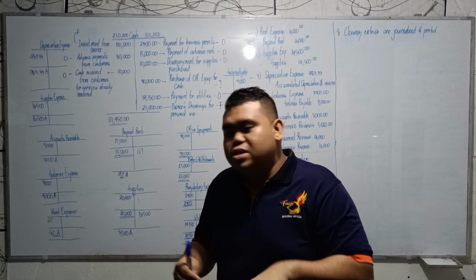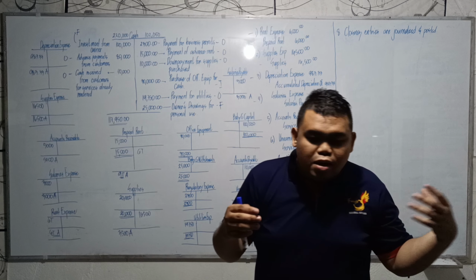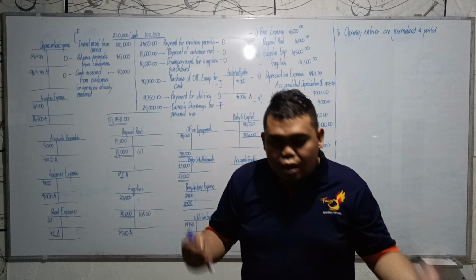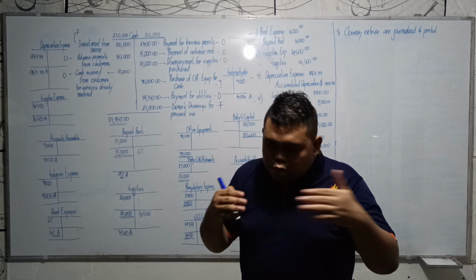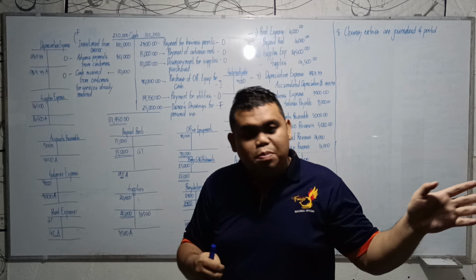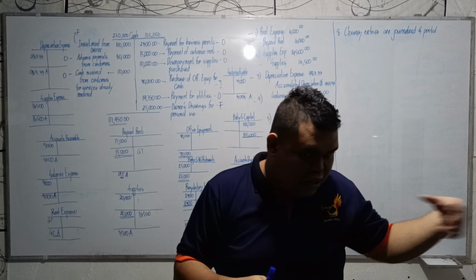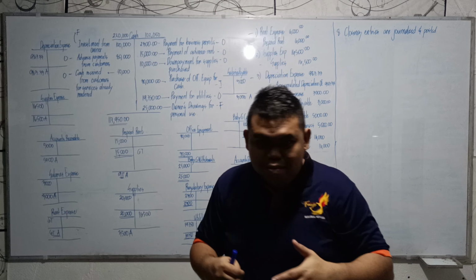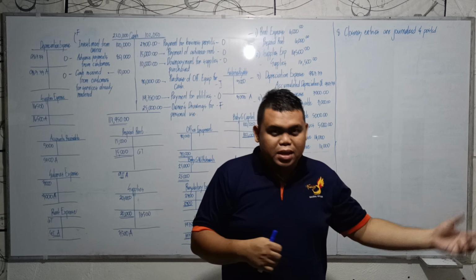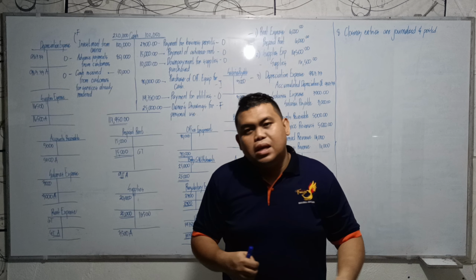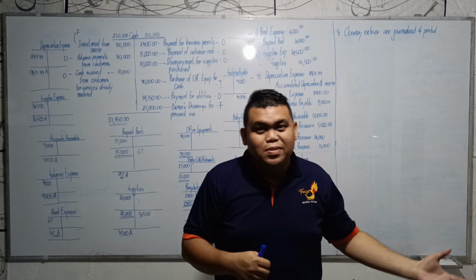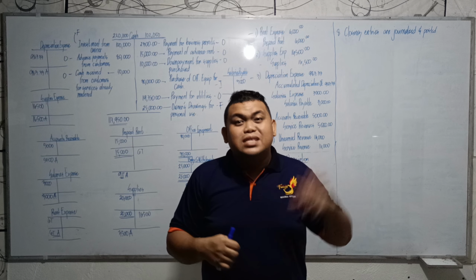As I've said in the past video, it is because they are temporary accounts, nominal accounts, and they have to be zeroed out. We have to start expenses and revenues for the next period anew. So there will be new sets of expenses and revenues on the next year or next period.